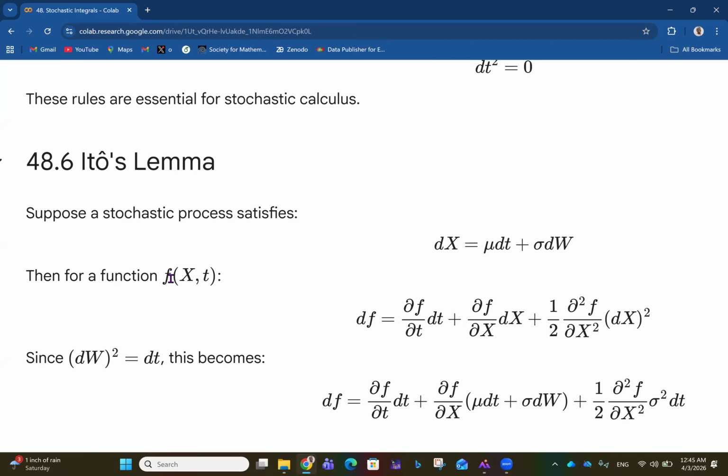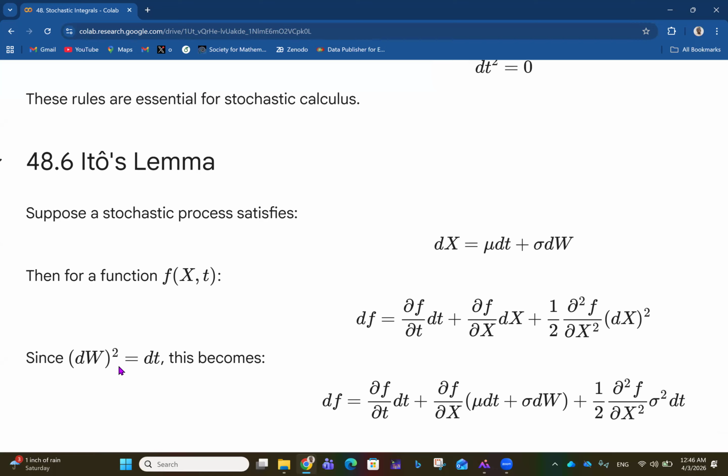Because f is a function of both x and t, partial f is partial f partial t dt, that's when you differentiate with respect to t, plus partial f partial x dx, that's when you differentiate with respect to x. And then in addition to that, you have half partial squared f partial x squared dx squared, that's the second derivative. So it's more like when you differentiate this one again also.